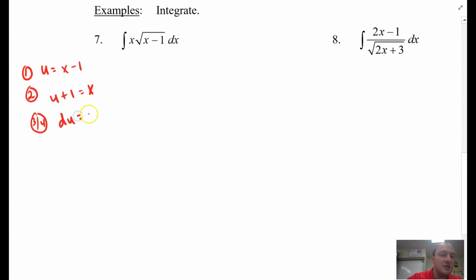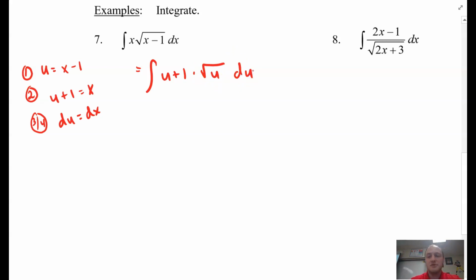So du is equal to dx, and we found our dx. Then we're going to substitute into this formula. x is equal to u plus 1, so u plus 1 times the square root of u, and dx is du.